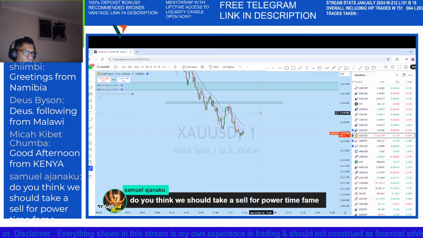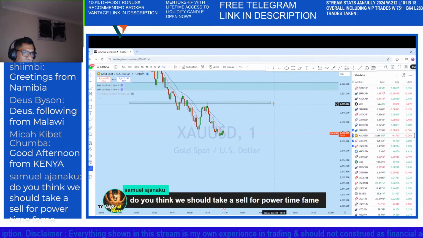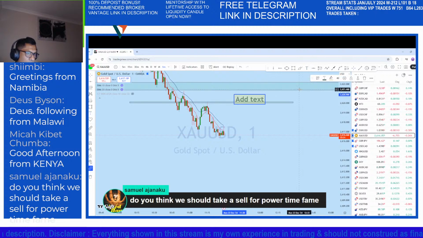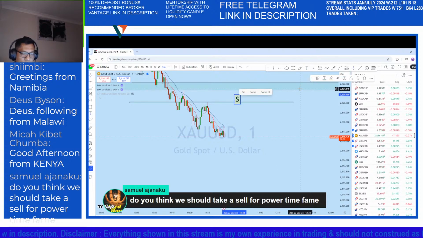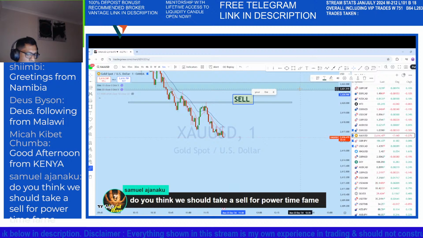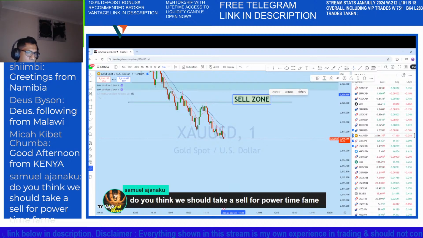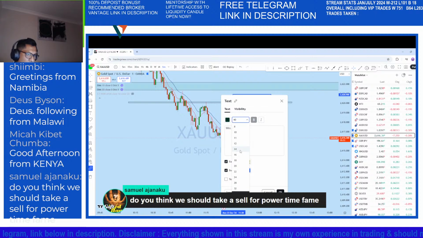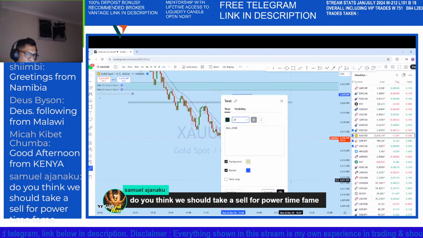For me, if the market is breaking this high, this is the potential zone we will be looking for. This is our potential sell zone. If the market manages to drop that far, we will be looking for that selling entry.